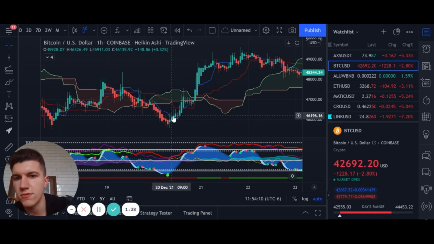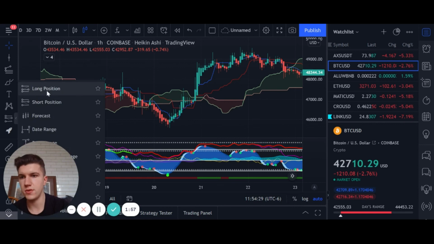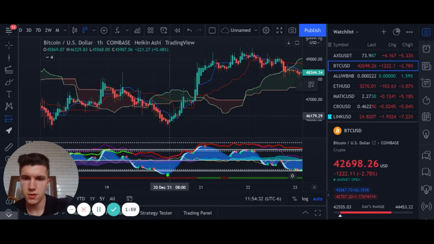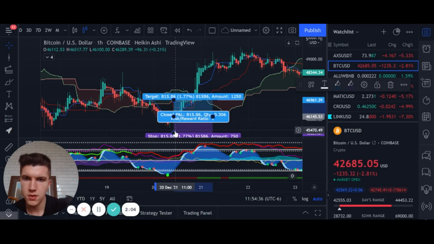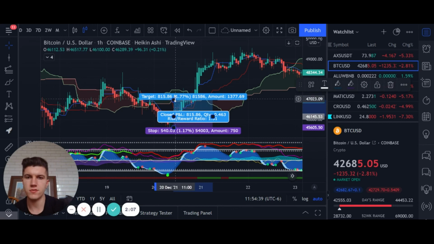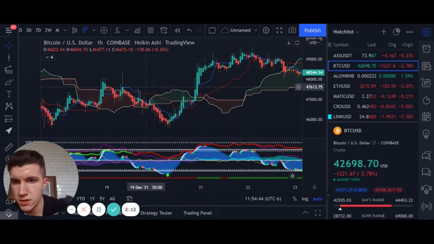Basically, what you want to look for is if price is below the cloud and price is breaking through that blue conversion line, and the blue conversion line is below the red line and the cloud. An instance could be this one right here. You could have longed, probably wouldn't have longed until right here, but put your stop loss up there, 1-to-1 ratio. That would have been a winning trade.